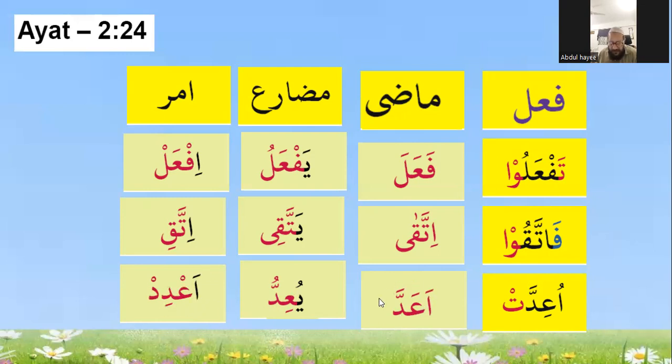Look, it's a 4-letter word. So it will have a dhamma in the mudari, it will have a fatha in the madi. Note one thing more. When we remove the alamat mudari and it was having a harakah, still we add a hamza.